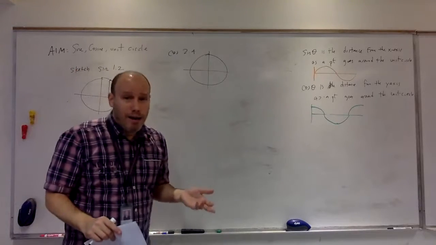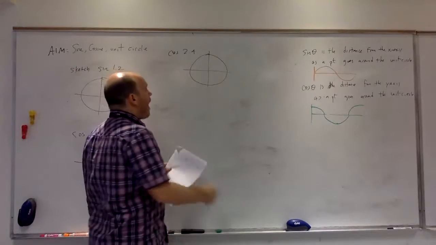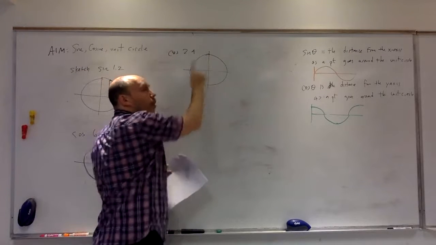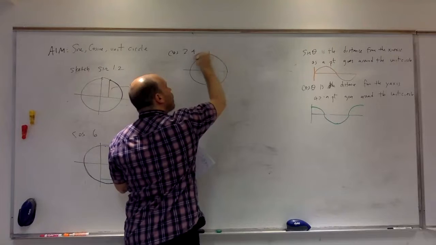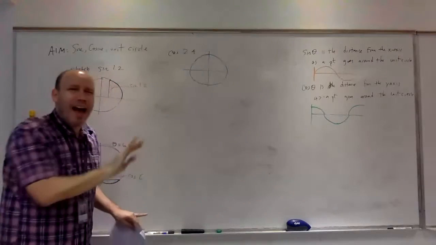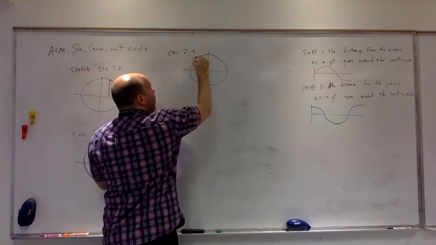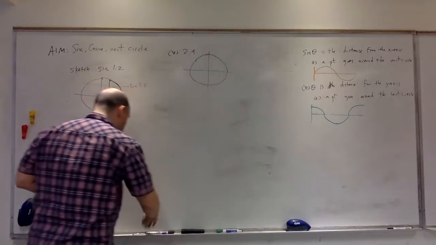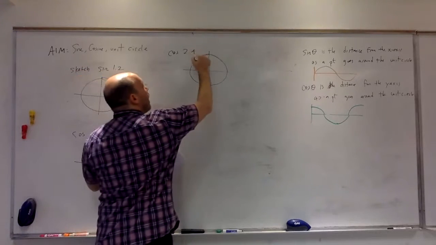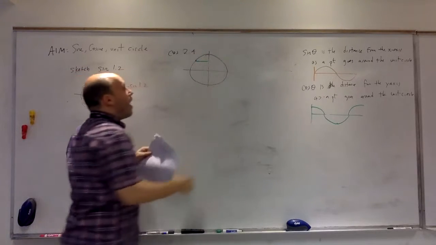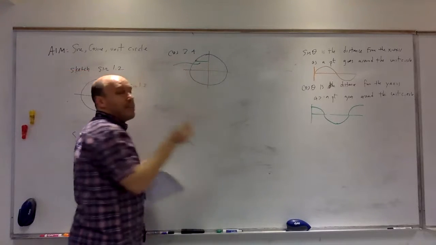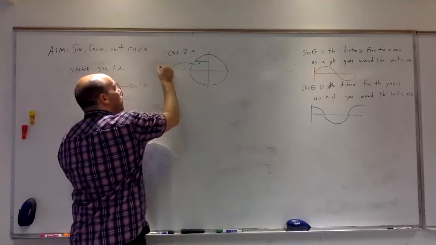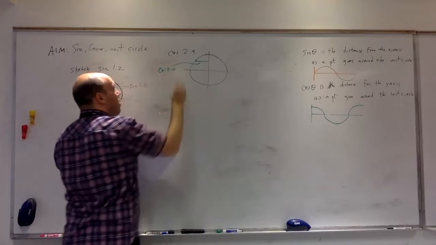Well, I know that pi is 3.14, and I know that pi over 2 is 1.57. So I know it's somewhere here in the second quadrant. Not really sure, this is a sketch. So the question is, what is the cosine of 2.4? Well, once again, it's the distance. So that length, that directed distance, represents the cosine of 2.4.